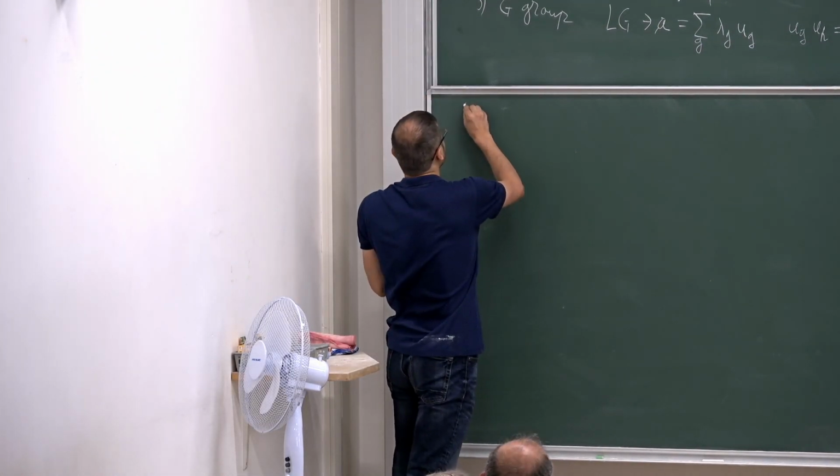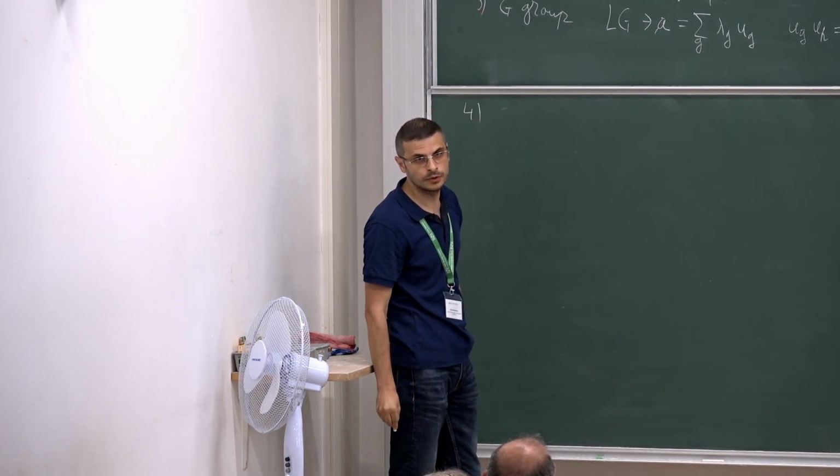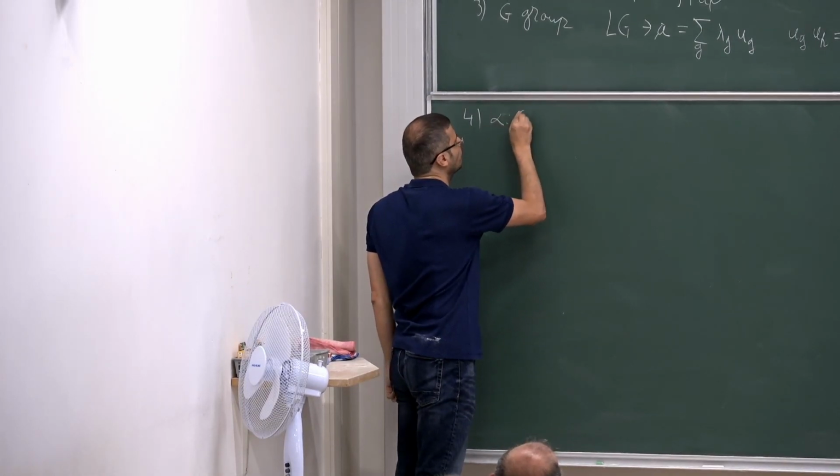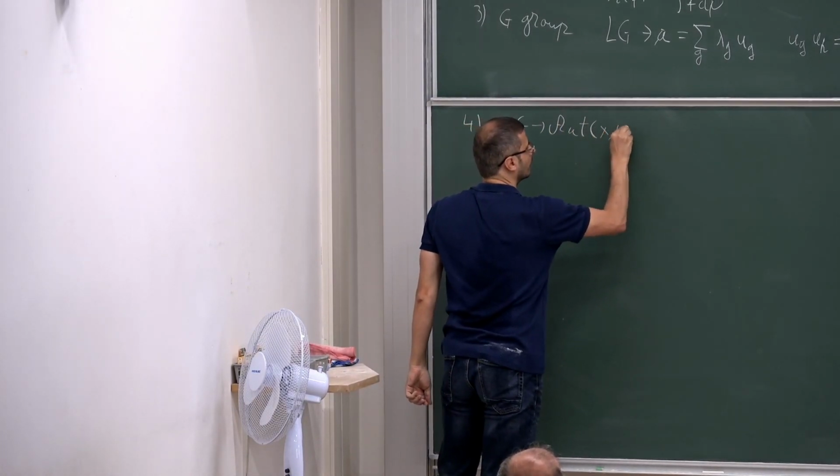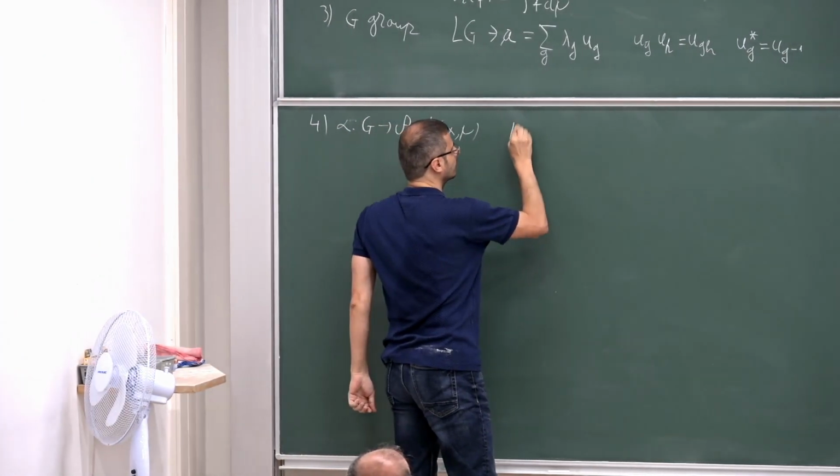So the next example is a combination of the last two. For this one, you need a group action, and you construct the cross product.